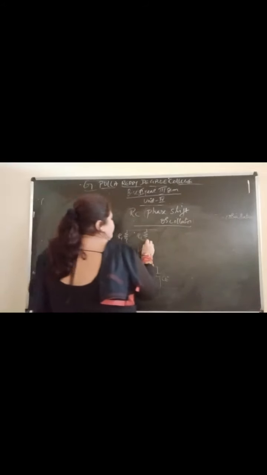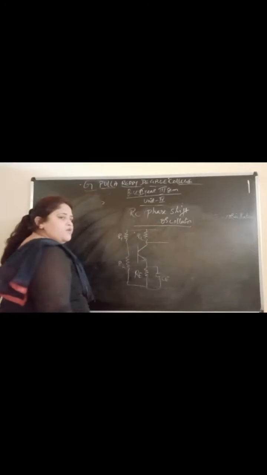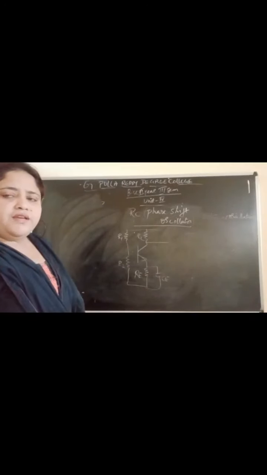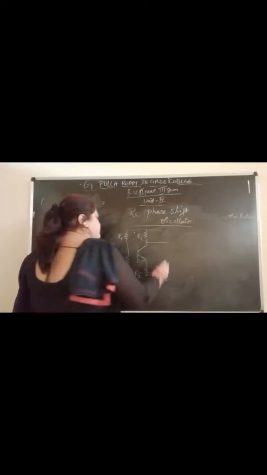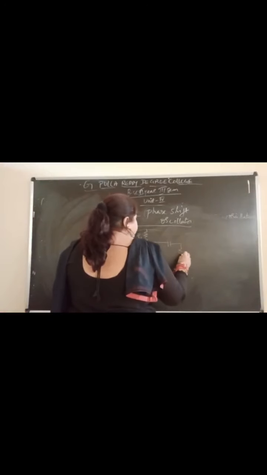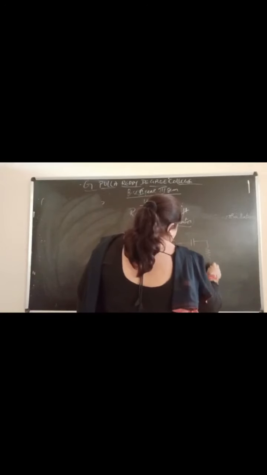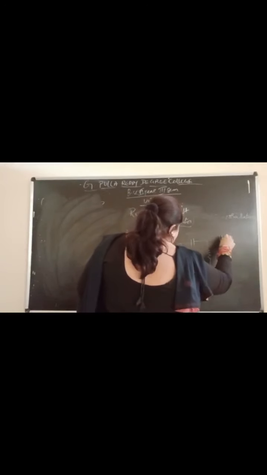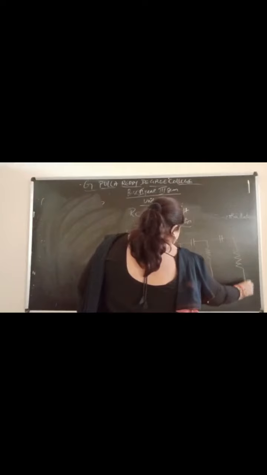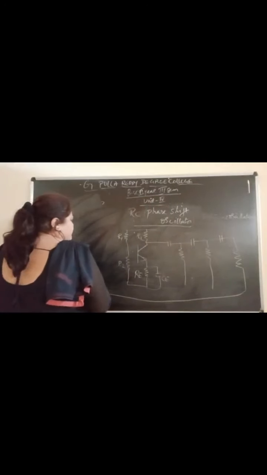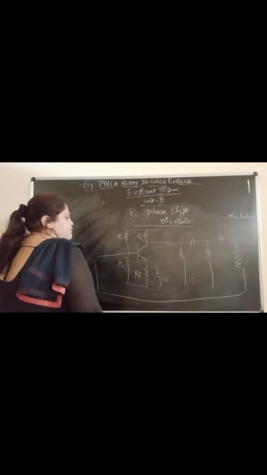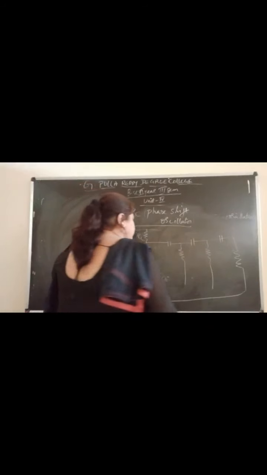After that you have to give the RC feedback network. Feedback means capacitor and resistor connected in the form of a ladder: capacitor, resistor, then capacitor, resistor, then capacitor, and finally resistor. This last resistor should join directly to the input.